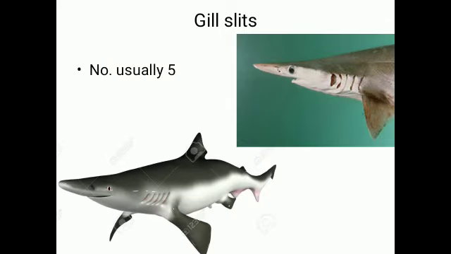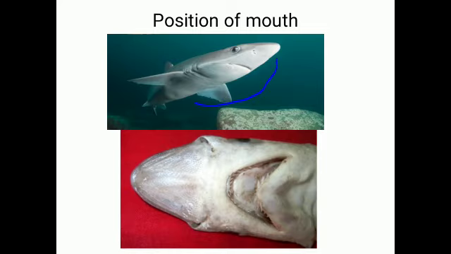In Osteichthyes, that are bony fishes, the mouth is in a terminal position like this, or sometimes dorsal position. This was the identification character of Chondrichthyes.